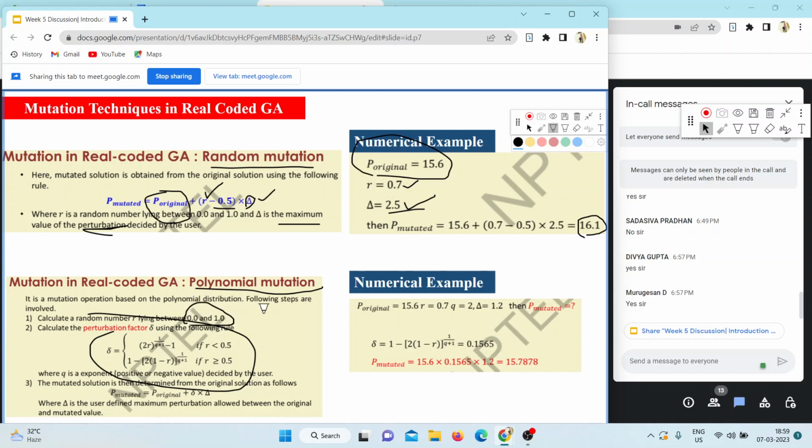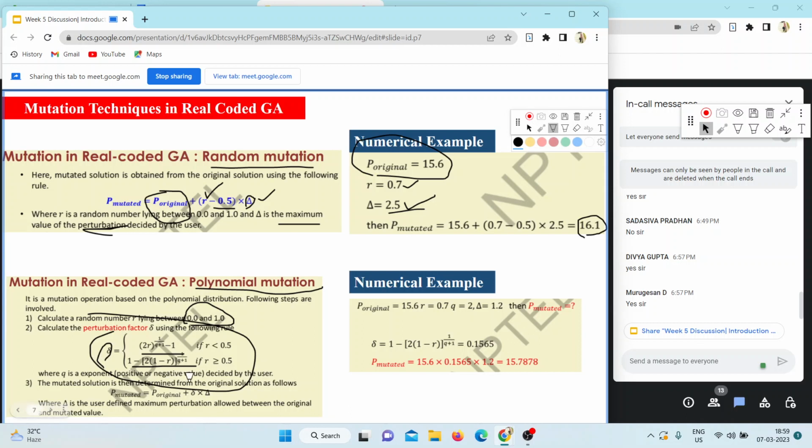R value is between 0 to 1, so you take an r value. If r value is less than 0.5, you apply this formula to calculate the delta value. If r value is greater than or equal to 0.5, you put this formula and calculate the del value, or perturbation factor value.